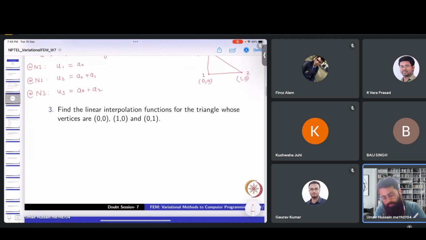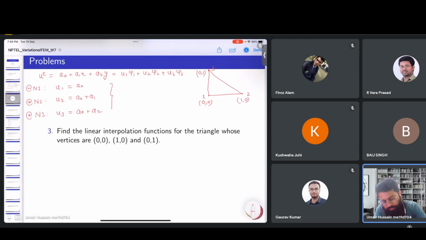So if we combine these equations, as in the matrix 1 0 0, 1 1 0, 1 0 1, we can write this equation in this form.